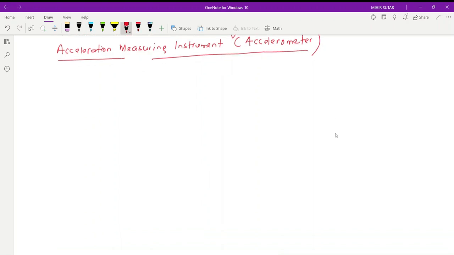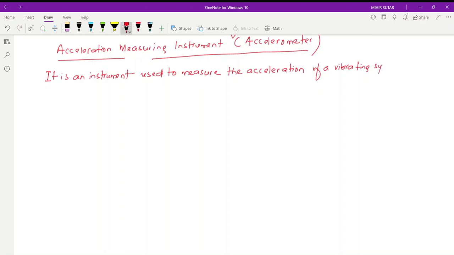Now we can write it is an instrument used to measure the acceleration of a vibrating system.